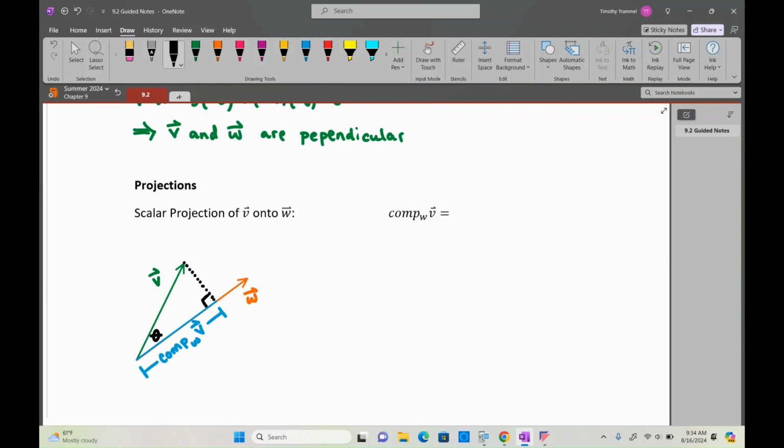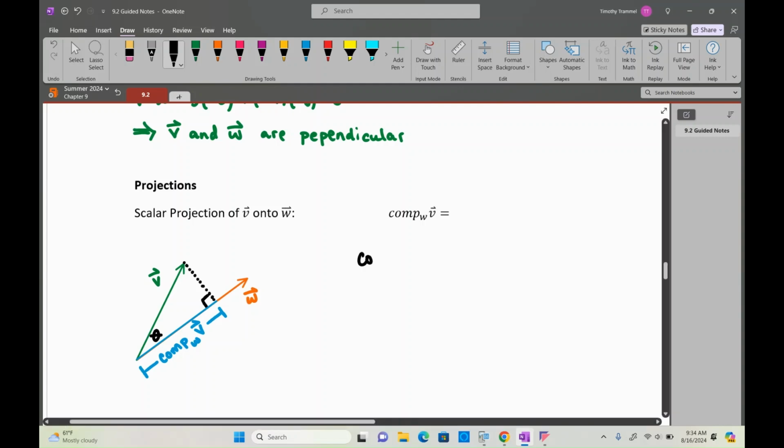Well, I'm noticing that the vector v and this projection are forming a triangle. And so if we maybe use cosine theta, that might be helpful. So cosine theta, right, is adjacent over hypotenuse. So that adjacent side is the projection that we're trying to solve for.